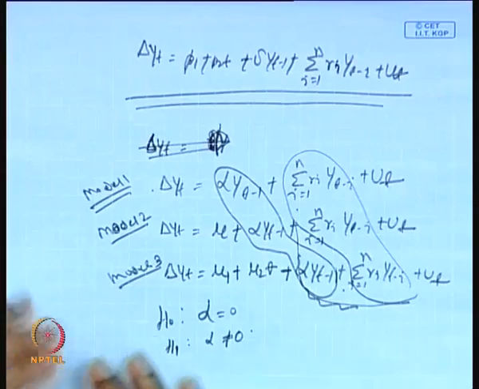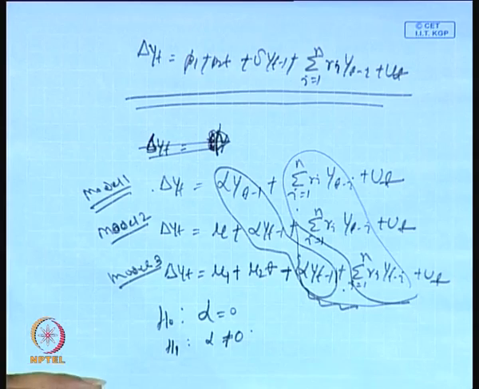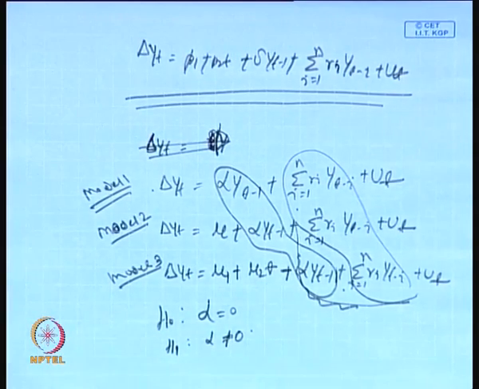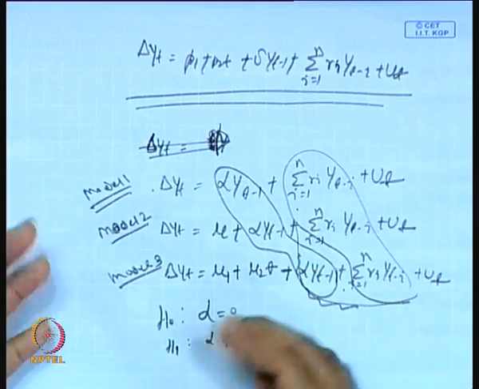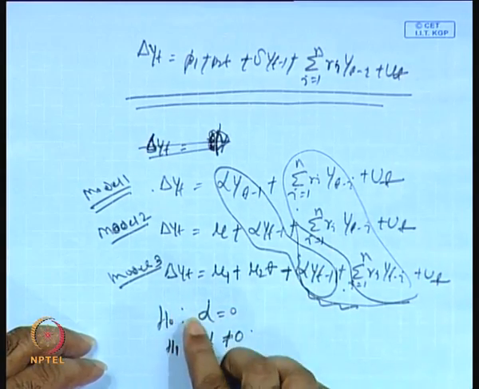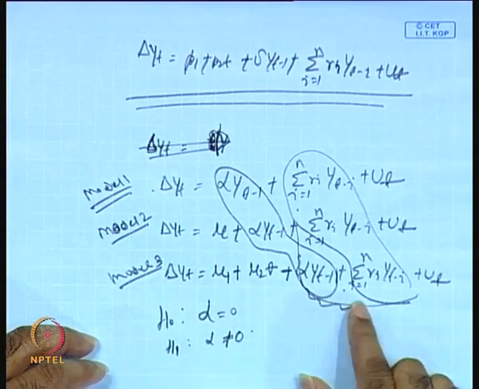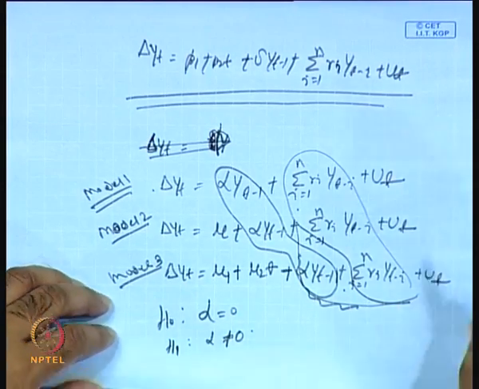So, if you are not getting stationarity at a particular level of order of integration, then you will go for the second difference. Then you will go for the third difference. In the case of the second difference, delta squared y t will be a summation like this.